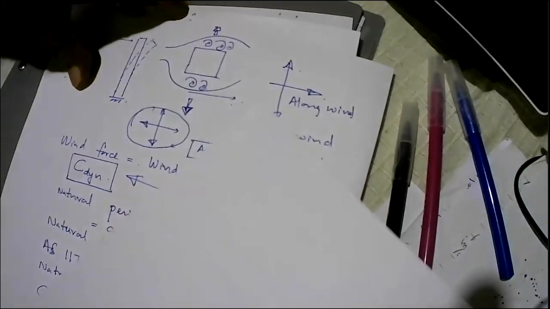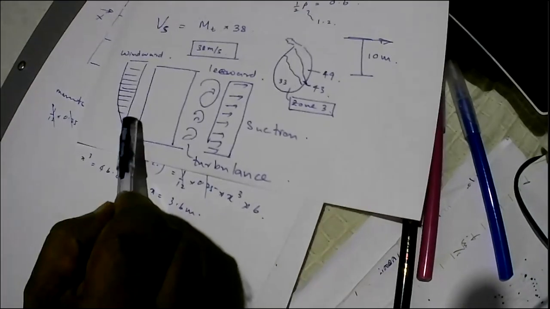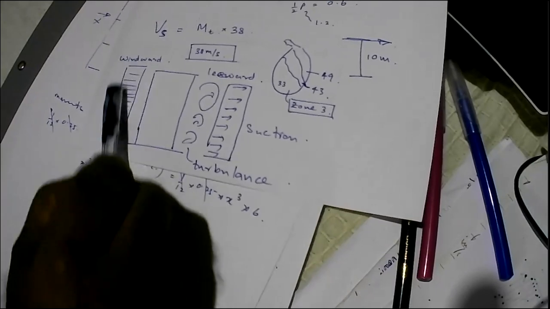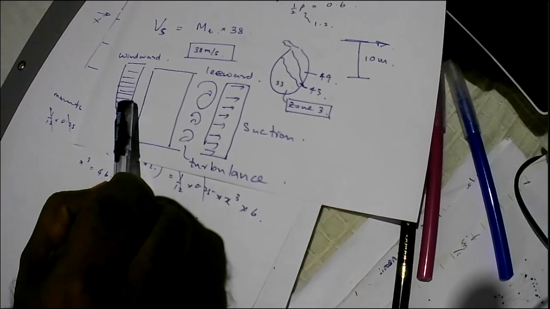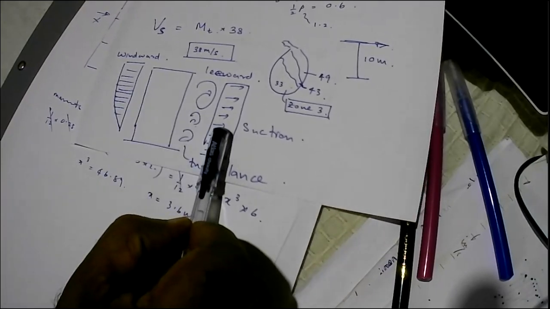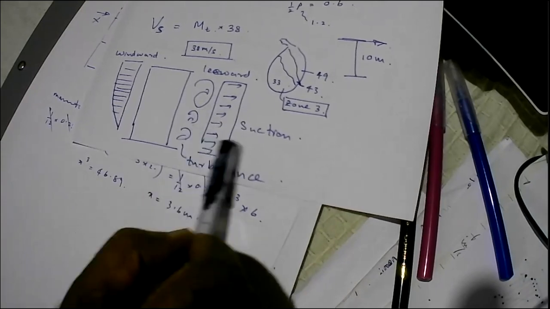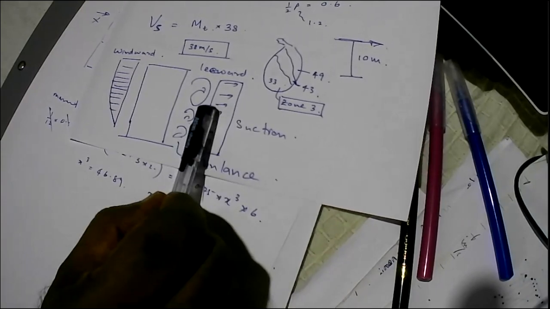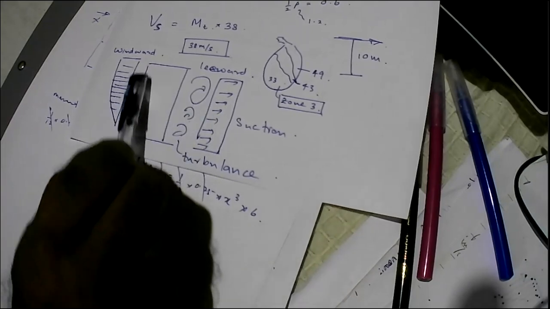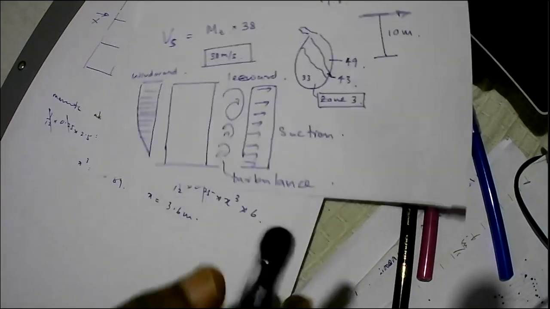Wind speed is variable on the windward side, it's fixed on the leeward side. So the wind component can be taken out of the equation on this side, but on this side it has to be part of it.